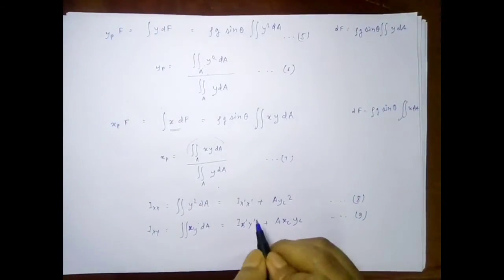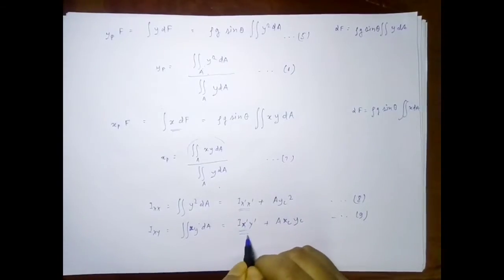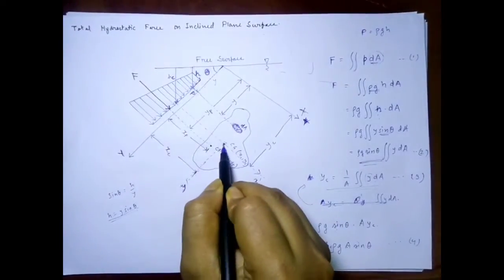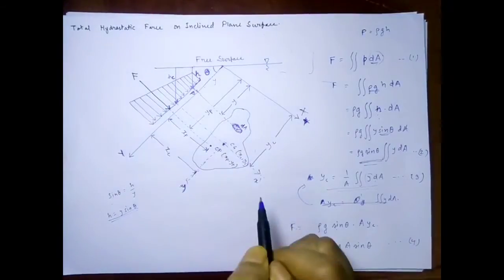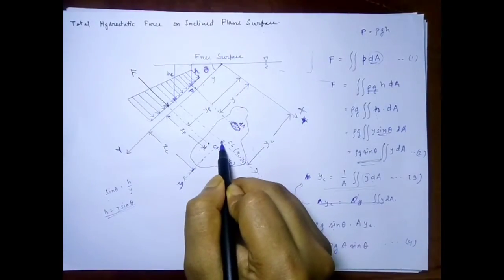So you might be thinking what is Ix dash and Ix dash y dash. Let's just take the figure again. We have the CG over here, and x dash y dash are basically the axes through this center of gravity.